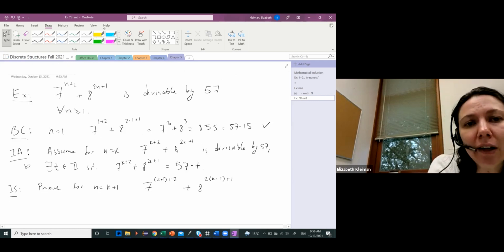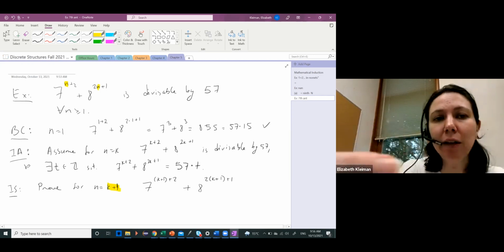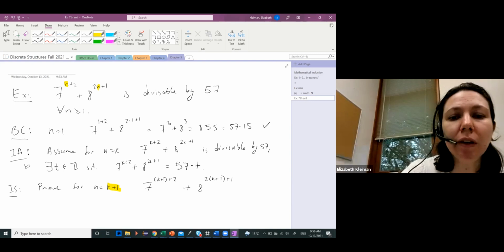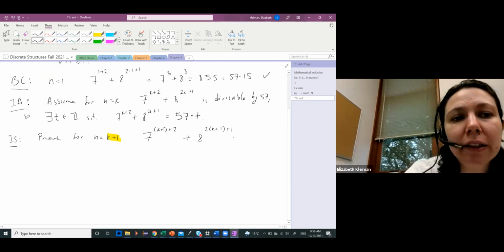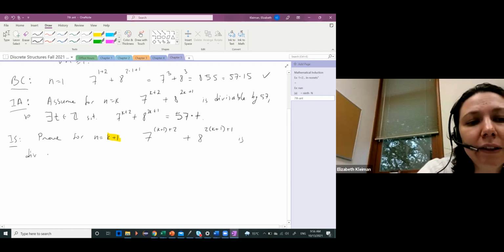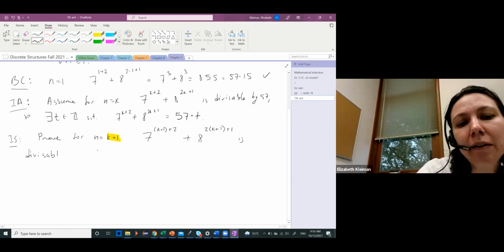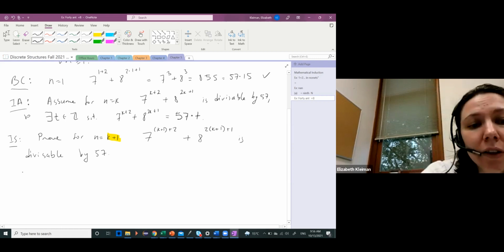We literally substitute k plus 1 instead of this little n. That's what I'm doing. And I want to show it is divisible by 57.